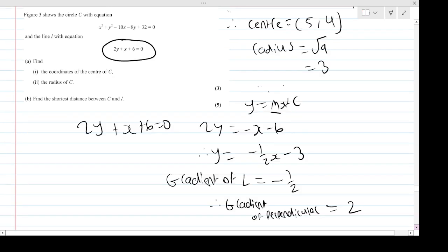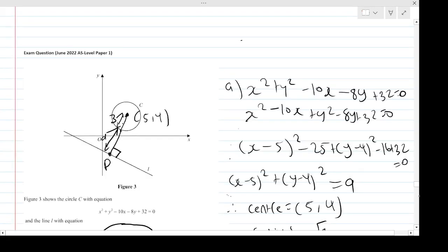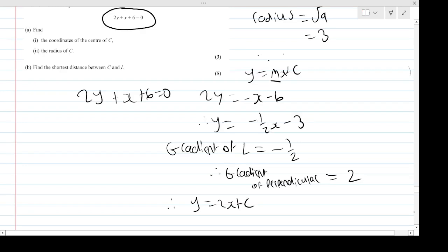So then the equation of the normal, I can say y is 2x plus c, but then I need a point on it. But I know that perpendicular line would also go through the centre of the circle, because it would be on the radius as well. So that would be 5, 4 on that line.